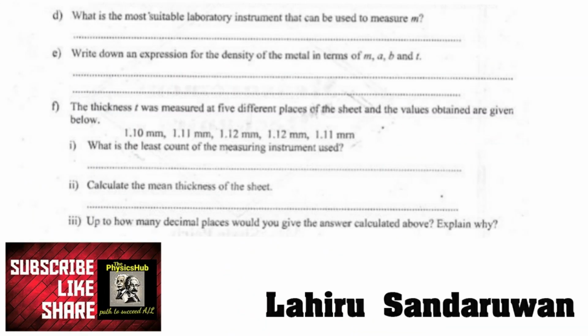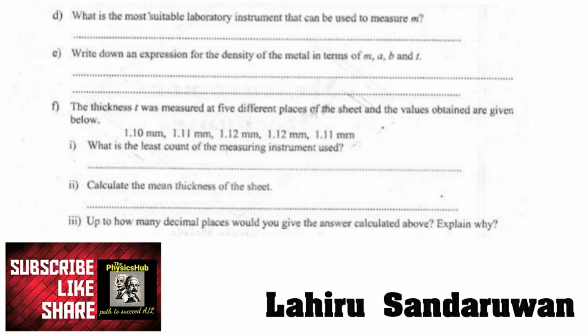Then part F. The thickness T was measured at 5 different places of the sheet and the values obtained are given below: 1.10 millimeters, 1.11 millimeters, 1.12 millimeters, 1.12 millimeters and 1.11 millimeters. Part 1.